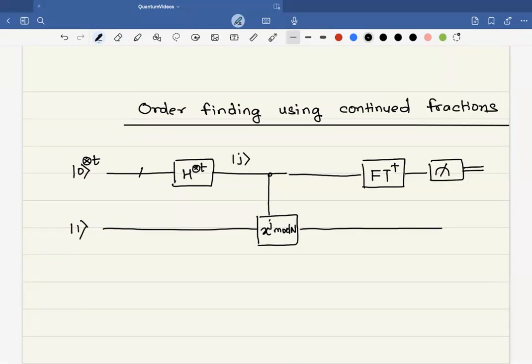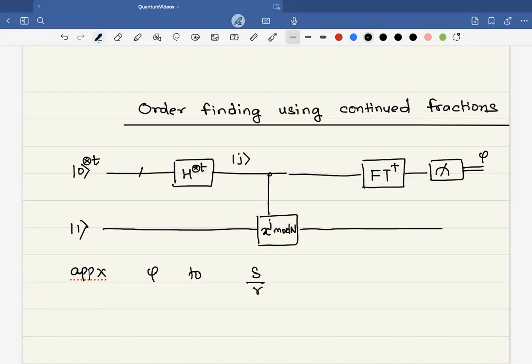And at the end of the measurement, we will get over here an approximation phi to S over R. Now, how do we get from an approximation?